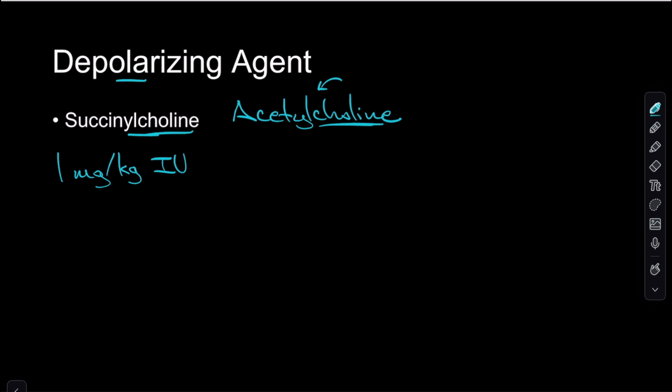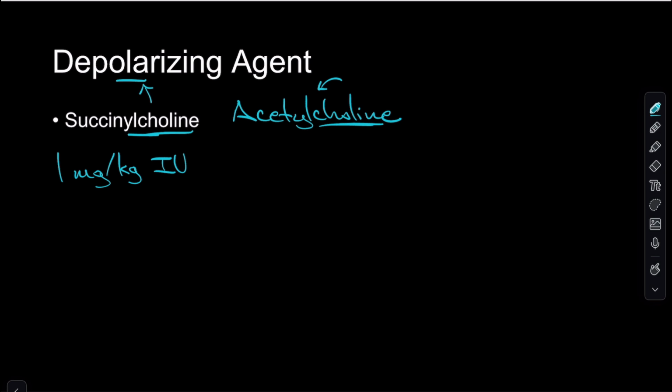Because succinylcholine is a depolarizing agent, when you give it, patients can have fasciculations or kind of twitch or spasm. That can cause myalgias in the post-op period when they wake up where their muscles ache. If you give a little bit of succinylcholine before you give the full dose, then that can prevent fasciculations and then maybe prevent the myalgias on the back end.